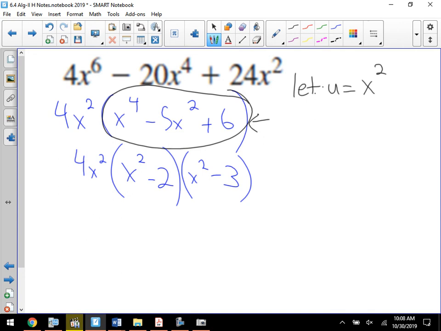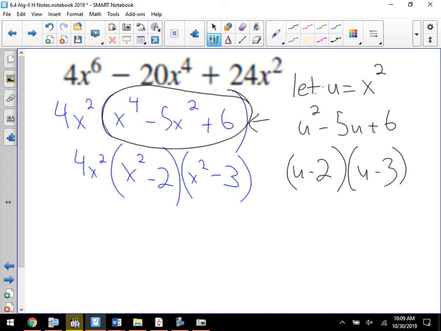So anywhere I see an x squared, what am I going to substitute in? U. So this is x squared squared, isn't it? So it's U squared minus 5U plus 6, which gives you U minus 2, U minus 3, but what was U?